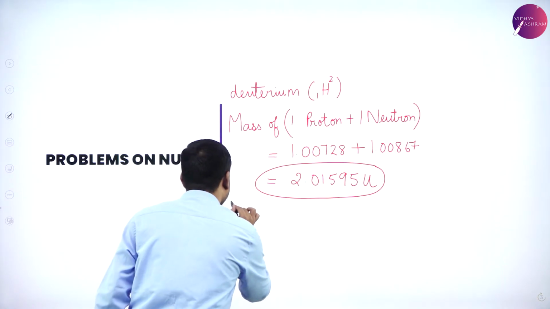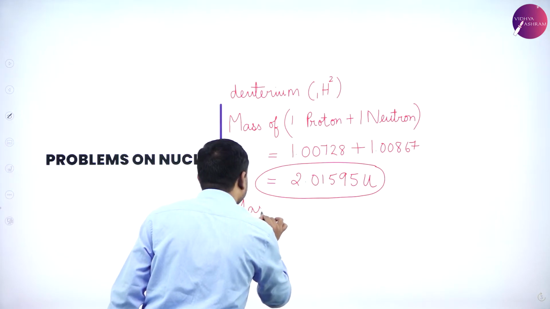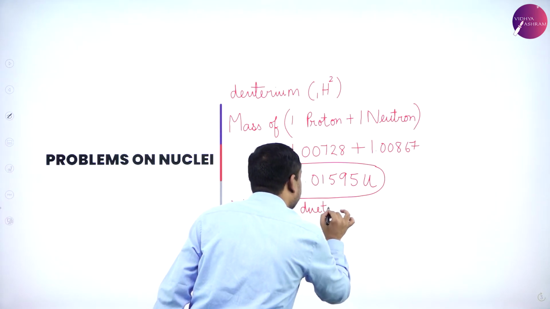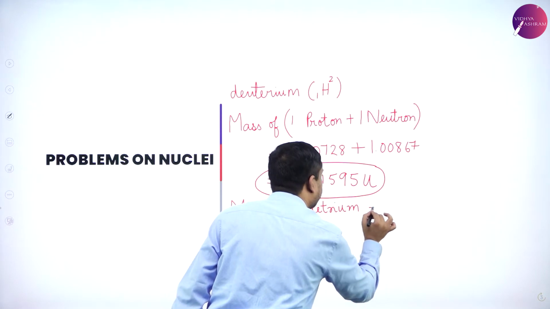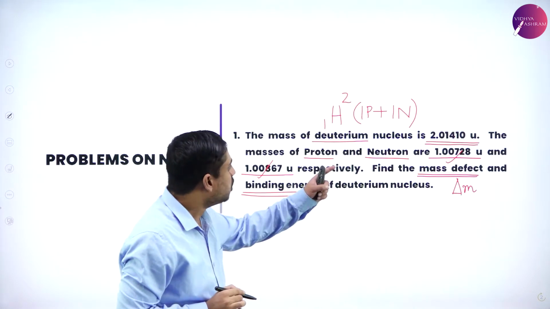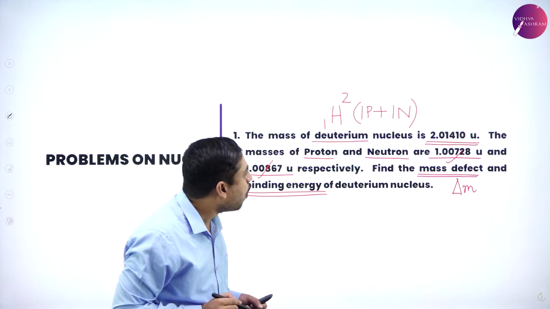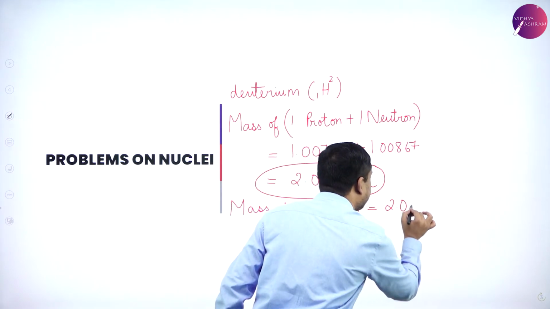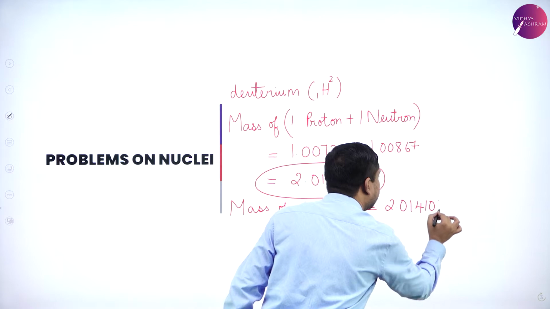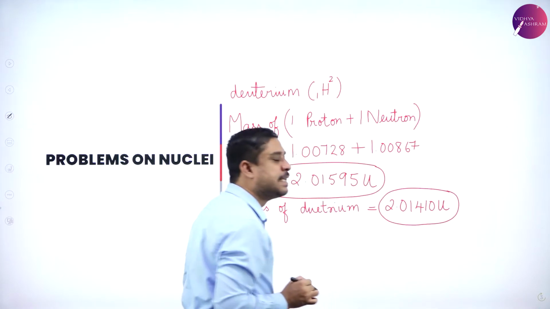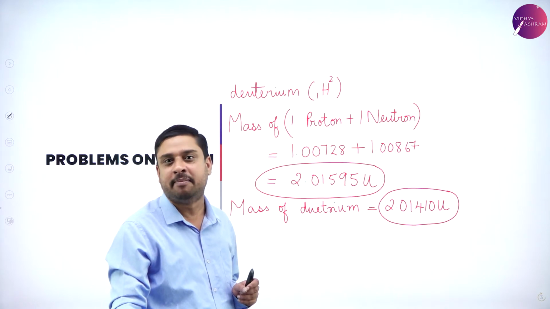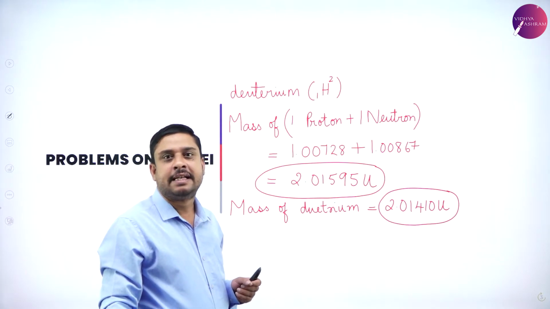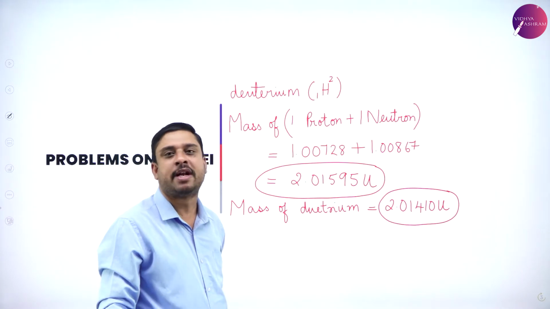But the mass of deuterium is given to be 2.01410 units. This is the actual mass of the deuterium nucleus. The other is the sum of the mass of the constituent particles.